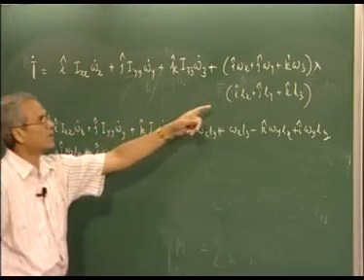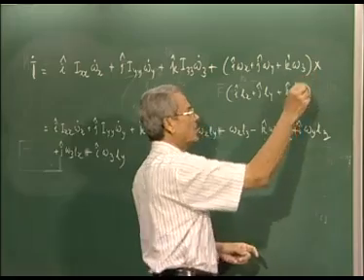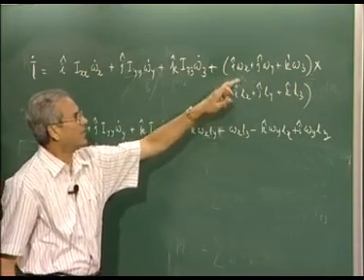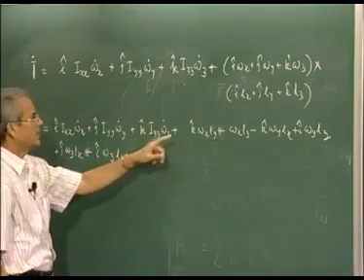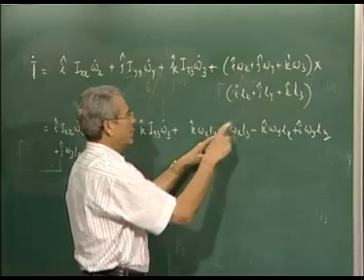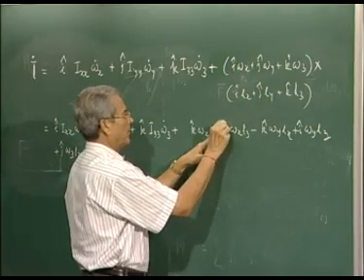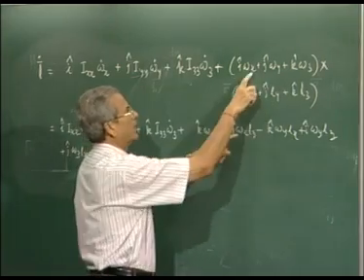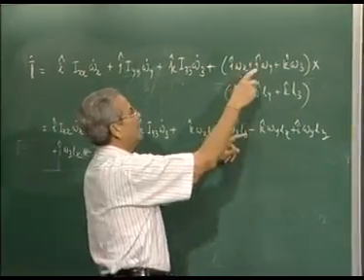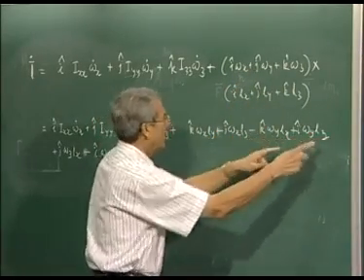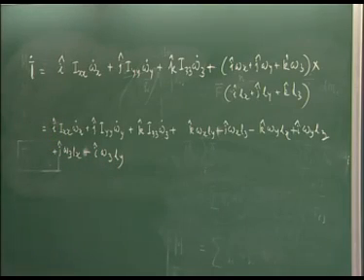So when you do this cross product, then i cross i is 0, i cross j is k omega x Ly, i cross k is minus j omega x Lz, j cross i is minus k omega y Lx, and so on, and this is the complete result.